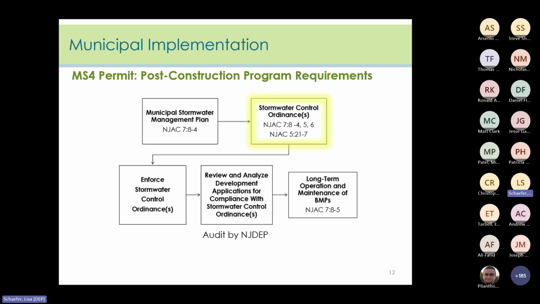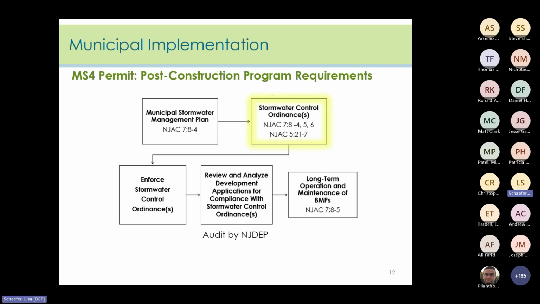The second box is the Stormwater Control Ordinance, or SCO, which is required under both the Stormwater Management Rules and the Residential Site Improvement Standards, which are found in NJAC 5:21. Every municipality is required to have an SCO, which is the regulatory tool to implement and enforce standards on projects. Those SCOs need periodic updating to align with changes to the rules.